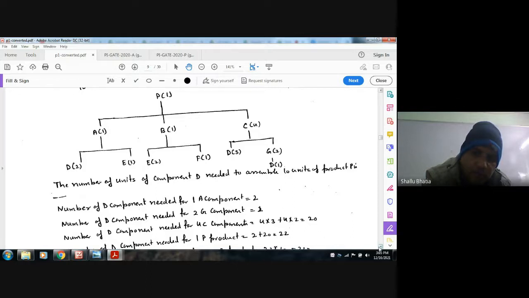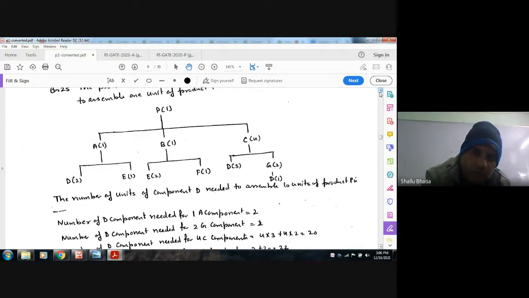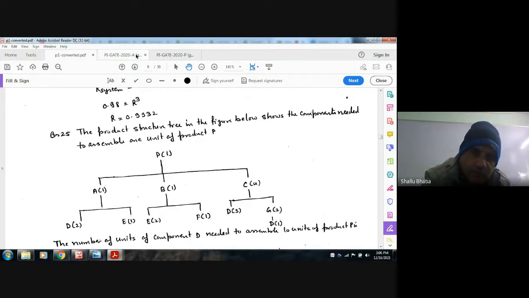And for 10 P products we will need 22 into 10, that is 220. So the answer is 220.